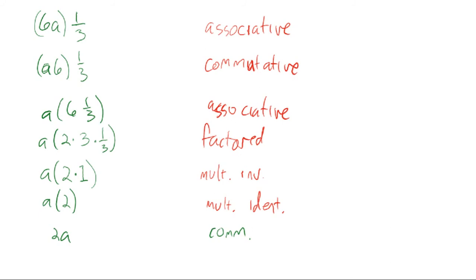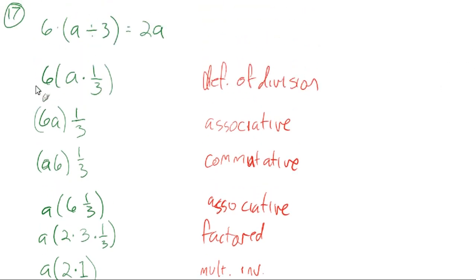You're doing a lot of stuff, and you need to do it correctly. You need to recognize that all of these properties are being applied, and you need to apply them correctly.